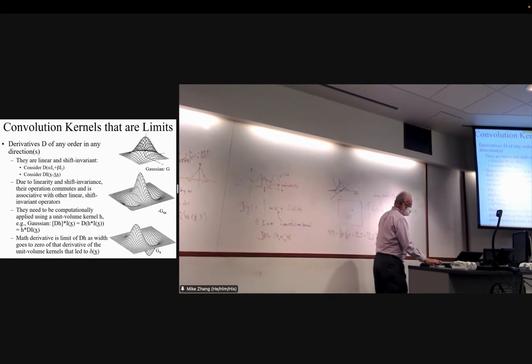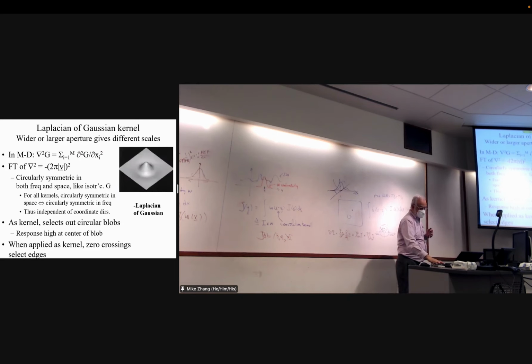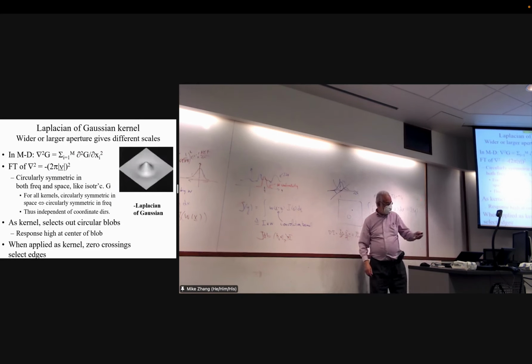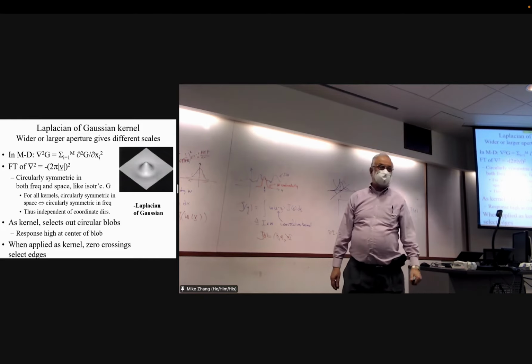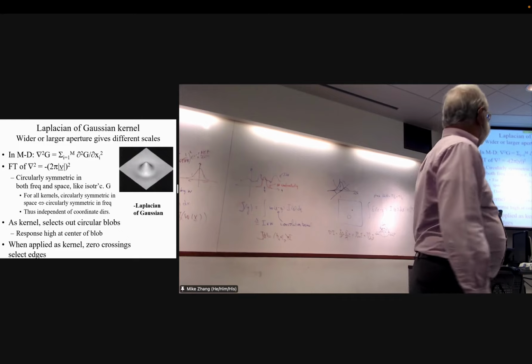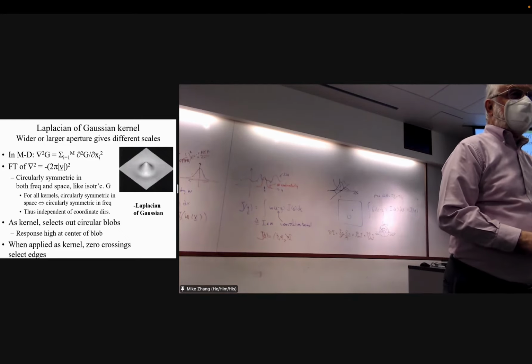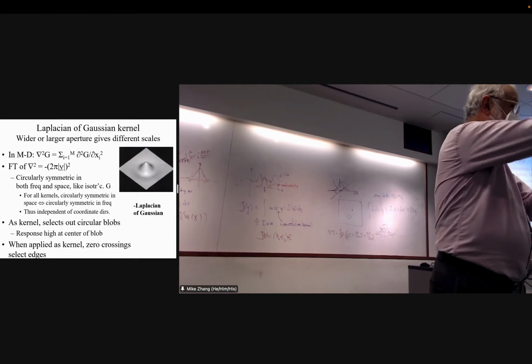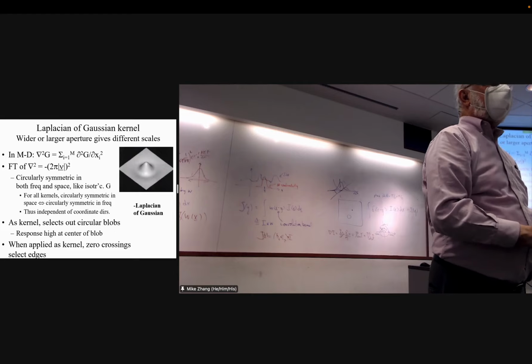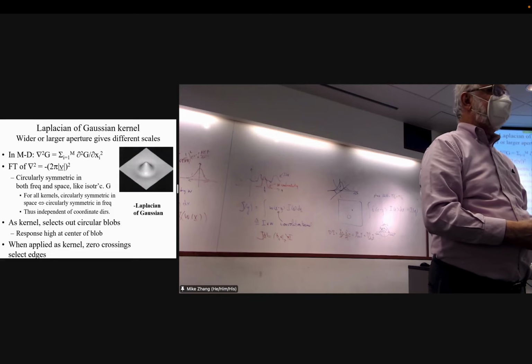Okay. And while we're at it, that's what the Laplacian of the Gaussian looks like in the space domain. Or more precisely, the minus of the Laplacian of the Gaussian. It's just sort of the second derivative thing rotated around. People call it the Mexican hat operator.